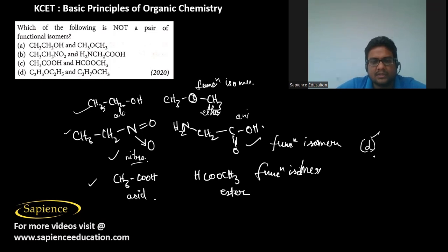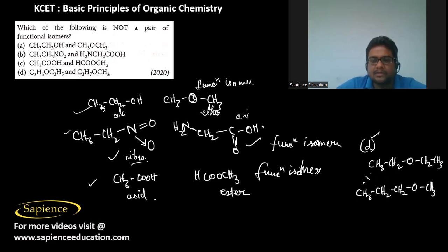And it is not a functional isomer pair, since C2H5 means CH3CH2 O CH2CH3. It is ethoxyethane, and this one is C3H7 means CH3CH2CH2, then O, then CH3. So it is methoxypropane.